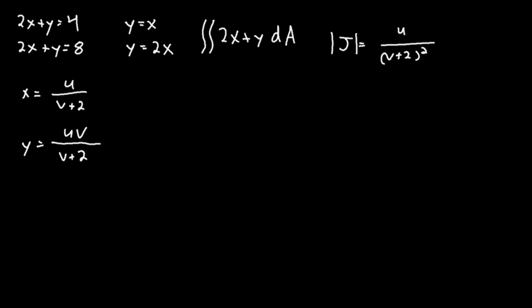Well, there's already a very strong hint to setting u equal to 2x plus y. And the reason being is because these two functions are bounded by some constant number. And if we set u equal to 2x plus y, our old bounds look something like this.